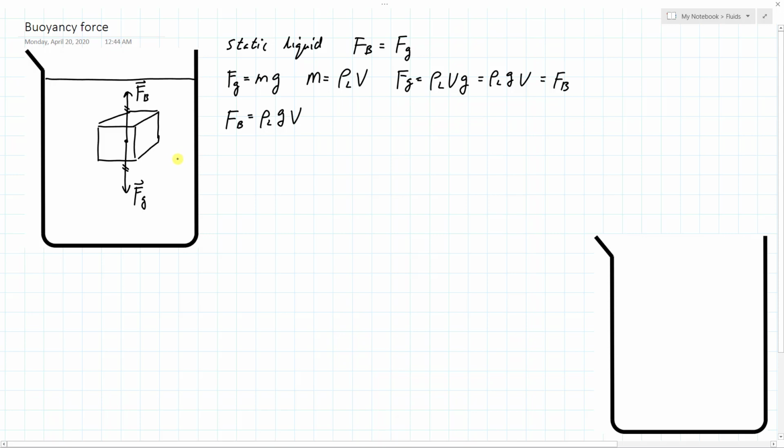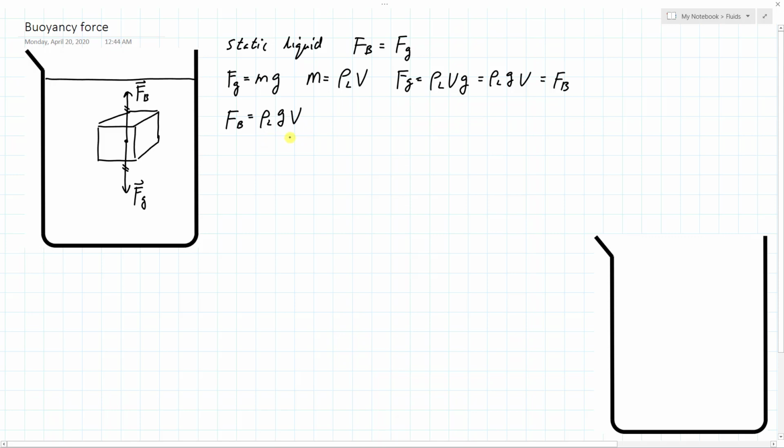So if you have some liquid out in outer space, say inside of a space station, it would more or less form a sphere. Probably the surface will vibrate, but it likes to form a sphere instead of filling a beaker like this. Okay, so back on Earth, we have this as buoyancy force.